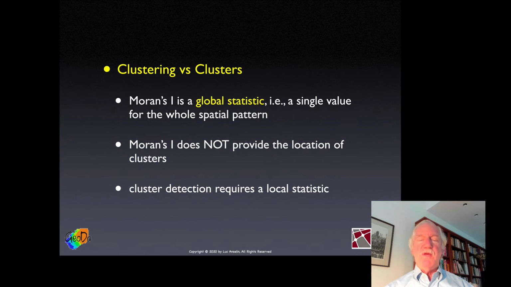As much as you may be tempted to conclude from a positive global Moran's I that here's a cluster, there's a cluster, you can't do that. All you can say is you reject spatial randomness in favor of a structuring of the data, either along the clustering lines, which is positive spatial autocorrelation, or along the checkerboard lines, which is negative spatial autocorrelation.